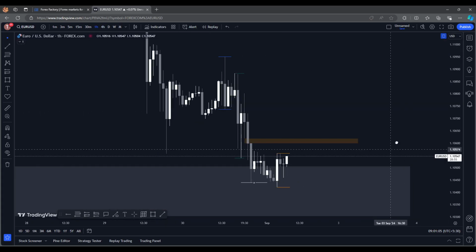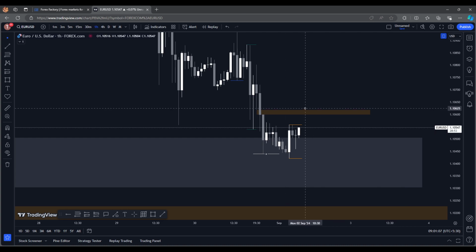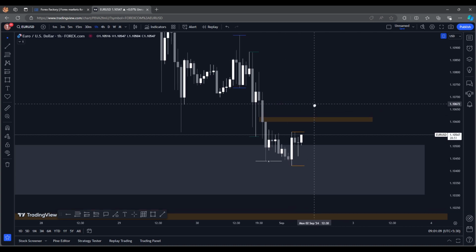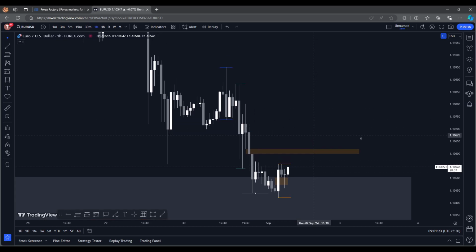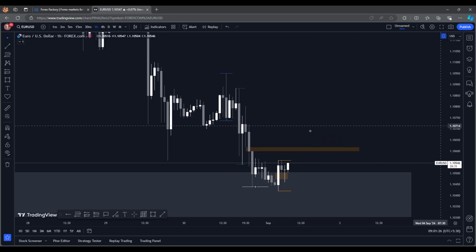Now this is the 1 hour chart, and we are also having an FVG over here, and the price is moving into the upside direction, respecting this FVG at this zone. That means that the price is having a bullish pressure in the market. So now that we are moving into the upside direction, if this FVG is disrespected by the market, we can possibly go higher to take these equal highs sitting in the market.